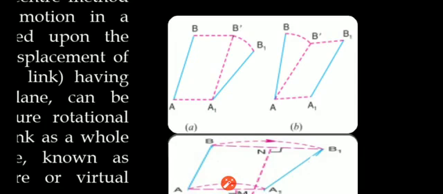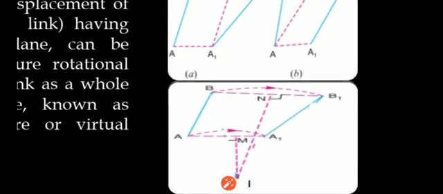In the second diagram, the motion again consists of two types. The link initially has rotational motion, that is point B has moved from B to B dash, and then there is a translatory motion from B dash to B1. In this case, the instantaneous center of rotation can be found as shown in the figure below.